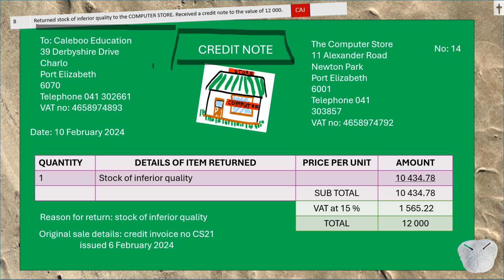Then when they accepted the claim, they would send us a credit note saying that in their books they're going to credit our account, because we sent back stock of inferior quality to the computer store. So we receive the original, and we use this document to record the information in our books. And our books, remember, are Calibre Education's. So there's an example of a credit note.